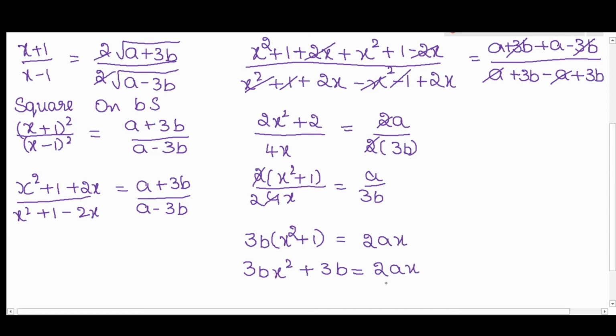I should arrive at the statement 3bx square. If I shift this side, I get minus 2ax plus 3b, which is equal to 0. And this is what I need to prove.